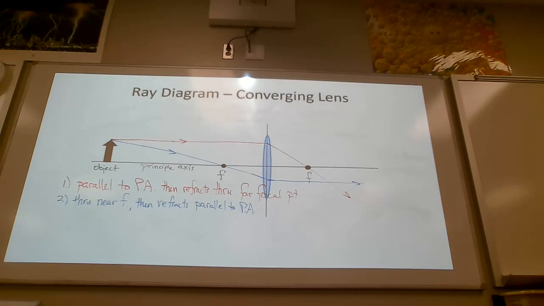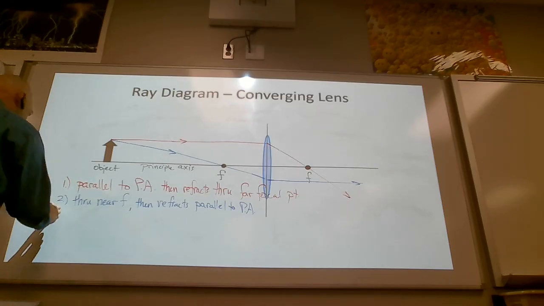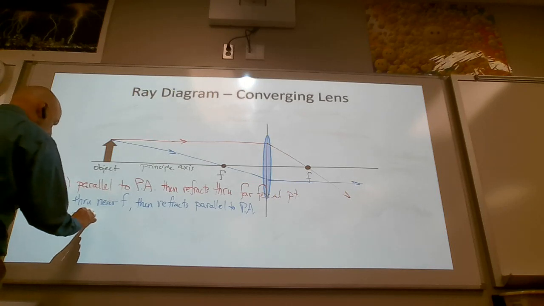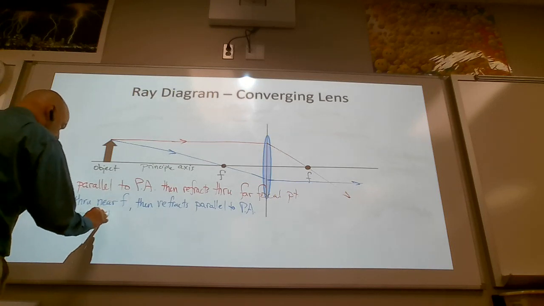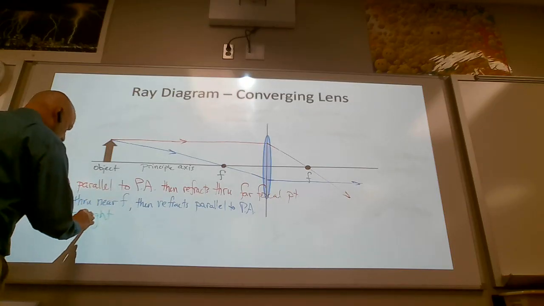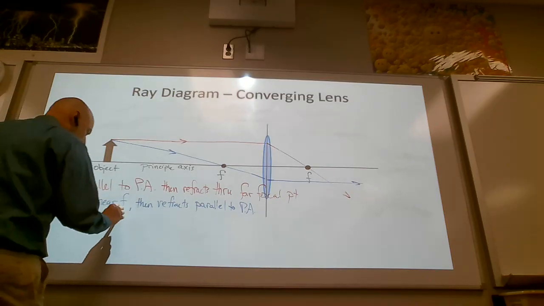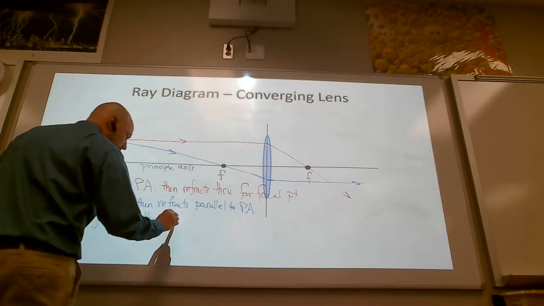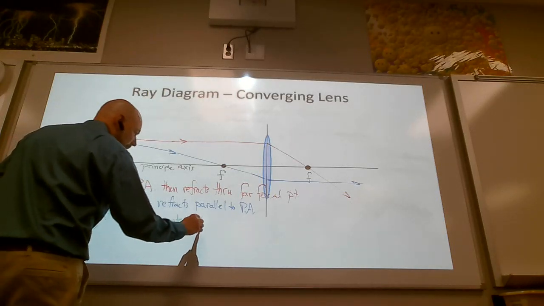Okay. The third ray, in my opinion, that's my favorite. It's the easiest. It goes straight through the center of the lens.